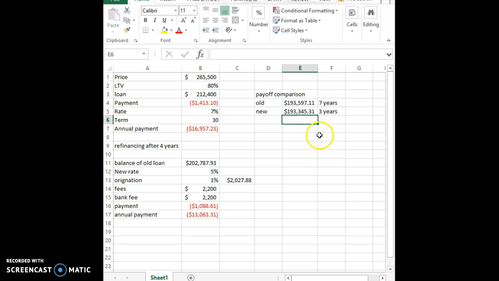I'm going to hit equal, and you should receive $193,345.31. And don't forget the discount rate was 10%.